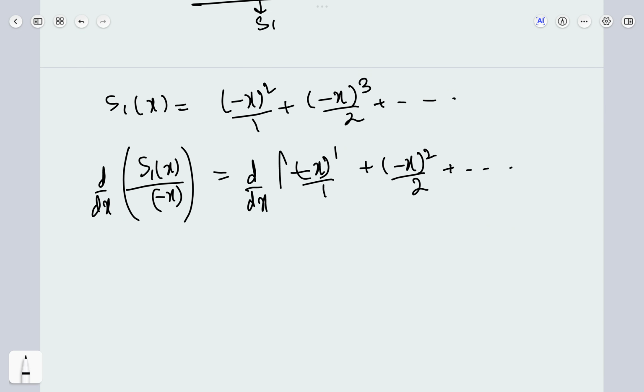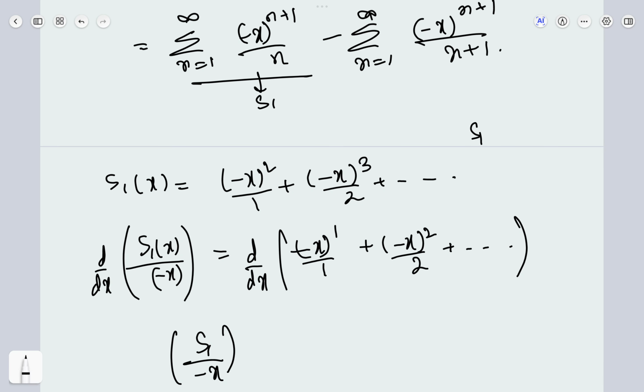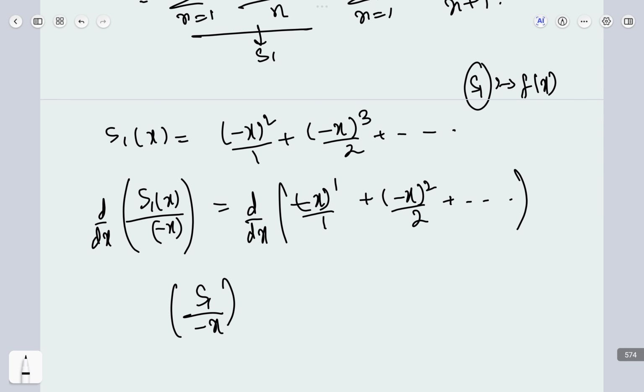So if I differentiate on both sides, I would be left with S1 upon minus x, dash. Also this is just a function, so I'll just leave it like this. Let's say S1 is just a function of x, f1 of x.